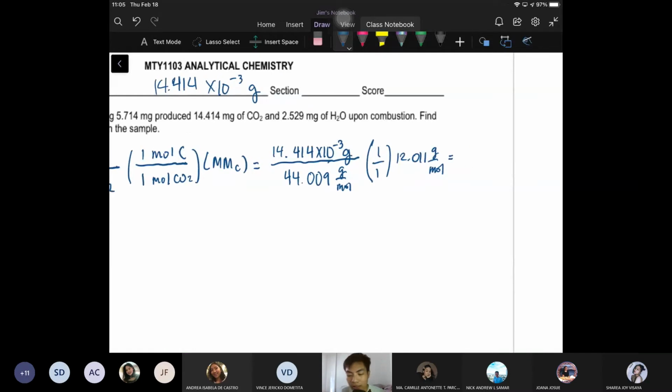Pakipindot na lang sa calcu. Wait lang nga. Ang kukulit ng mga mingming. Wait lang. 14.414, 44.009, 12.011.